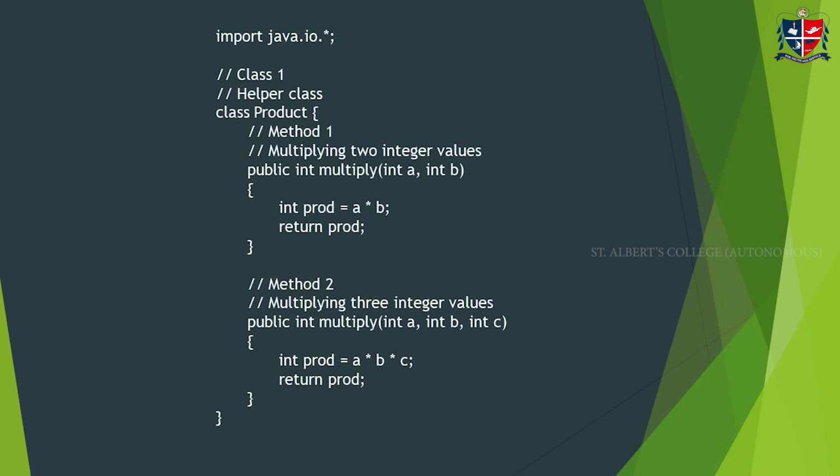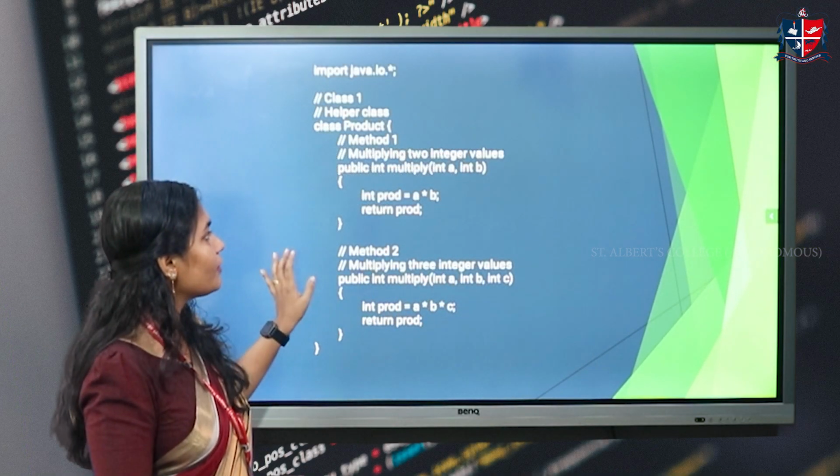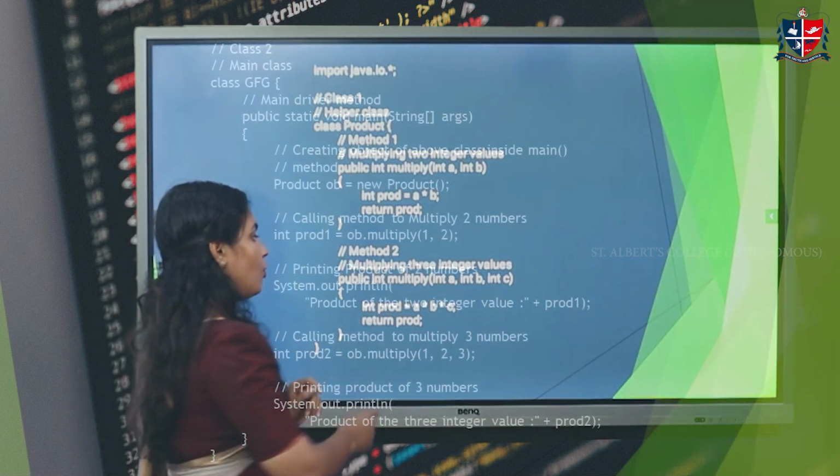A, B, C, three parameters are there. So the calculation will be A into B into C. So the function name is the same, but the parameter structure is different. So this is the first way of implementing method overloading.